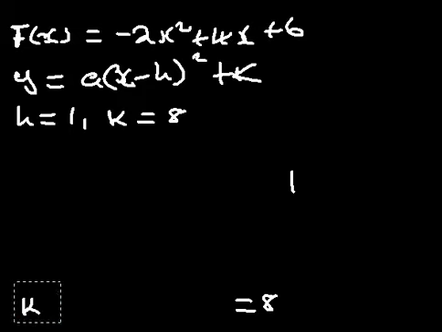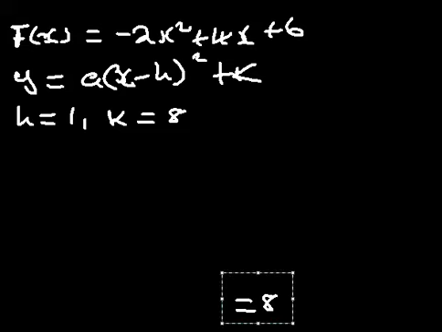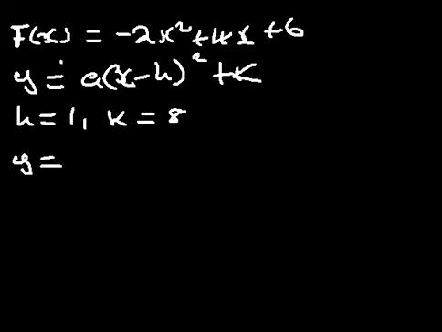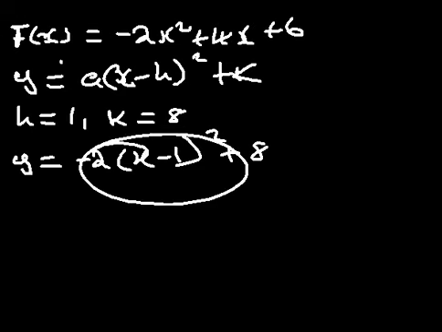Which means we'll have the graphing key. Now we'll have it as y is equal to negative 2 times (x minus 1) squared plus 8. So this is the graphing key.